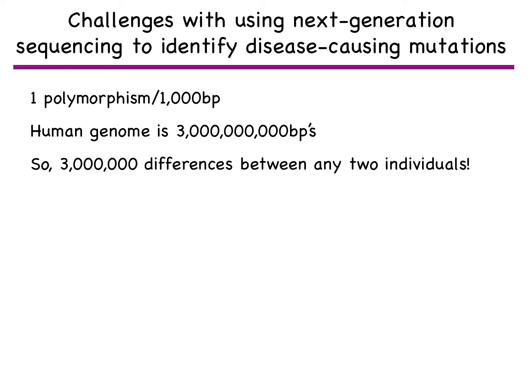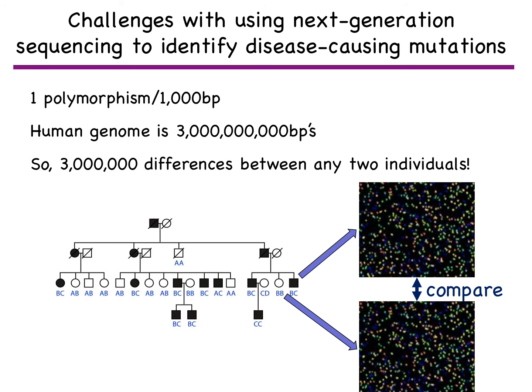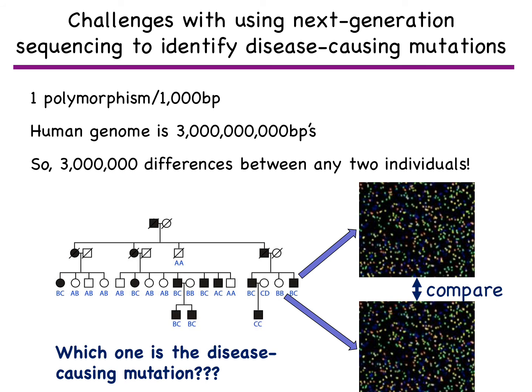So that's a huge number of differences. So if we use this approach, basically comparing the sequences of two different individuals, you detect about 3 million differences between them. So the question then arises, which one is the disease-causing mutation? Only one of them is presumably the disease-causing mutation, but you're going to have to figure out which one that is amongst these 3 million different base changes in these individuals.